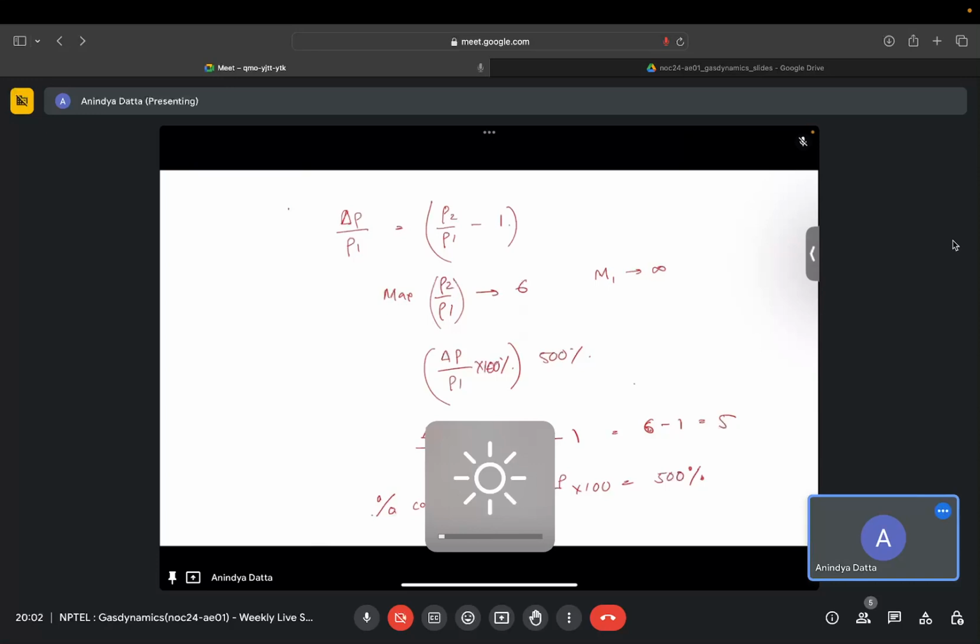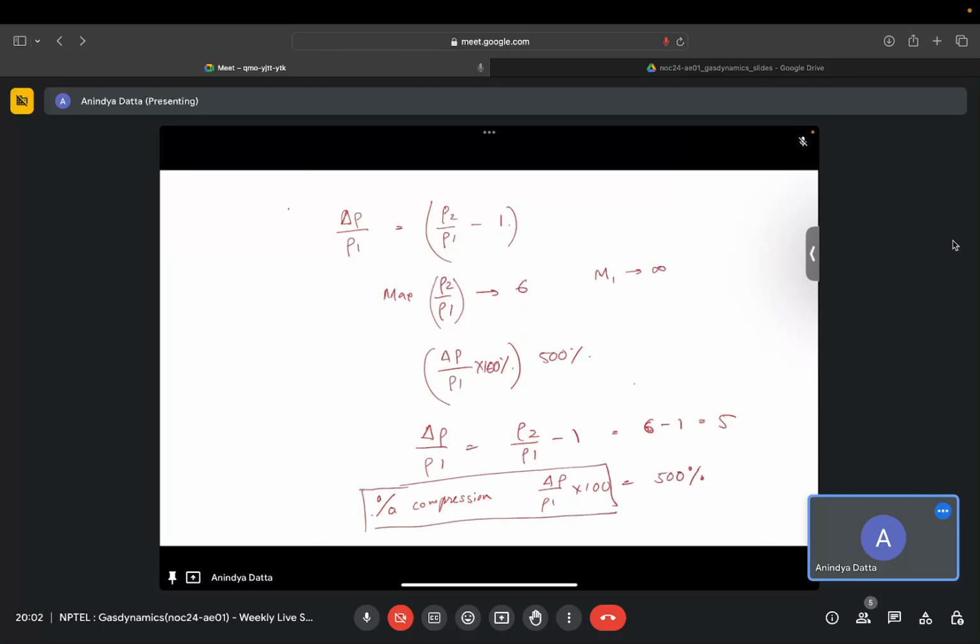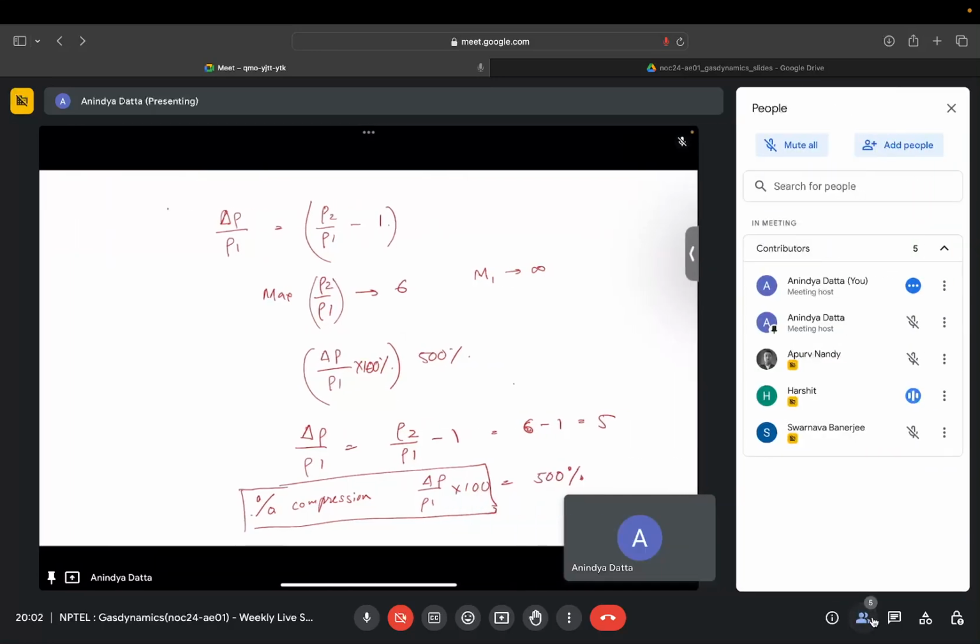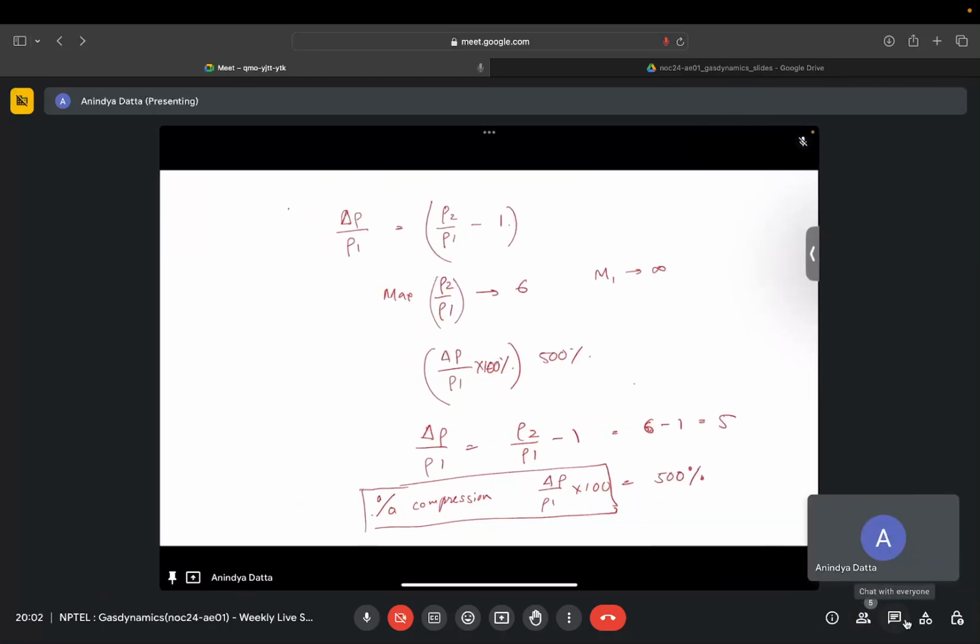The percentage compression, the percent change in density that is attained, is defined as delta rho by rho 1. Okay, now it's clear. At maximum we can get 500%, and the density ratio we can get is 6.